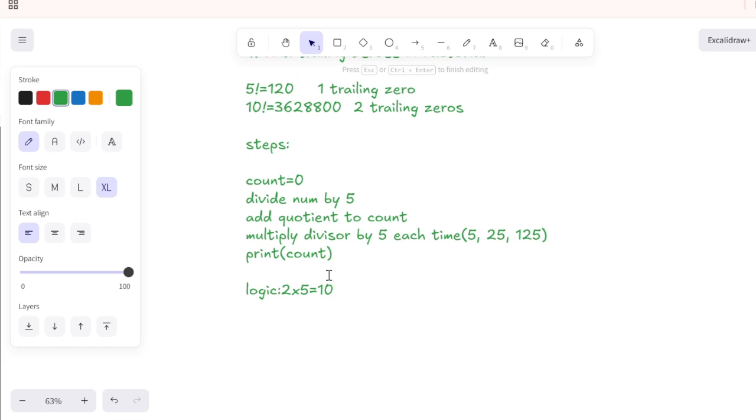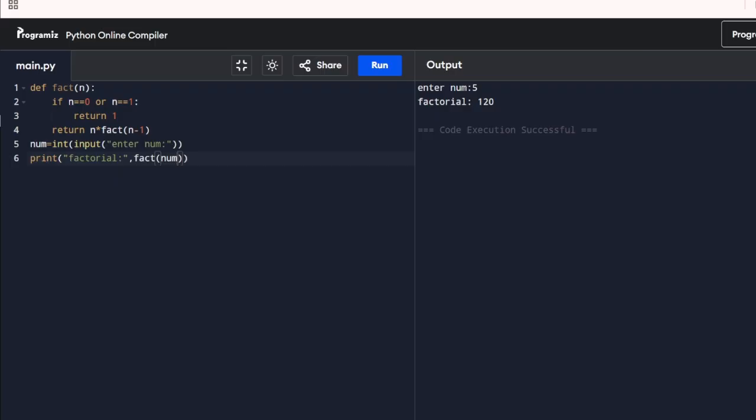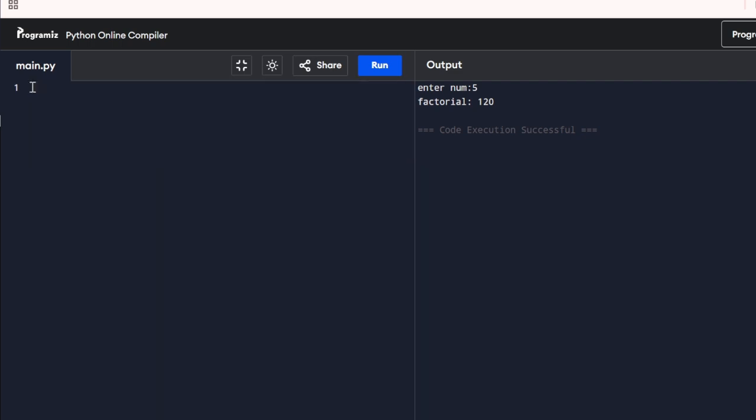While coming to the coding part, I'll explain line by line here. As we took here num is equal to int input, enter the num, and we need to initialize count to 0. After initializing count to 0, i needs to be set to 5.